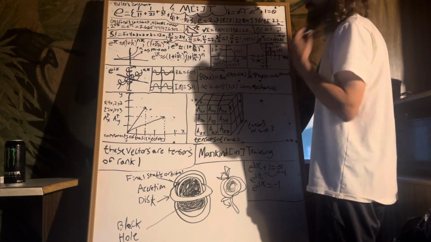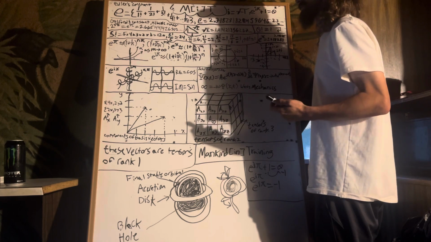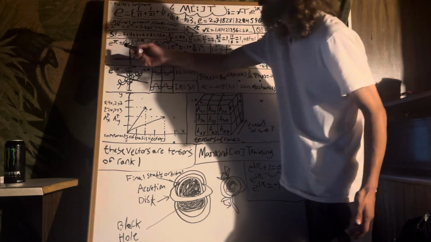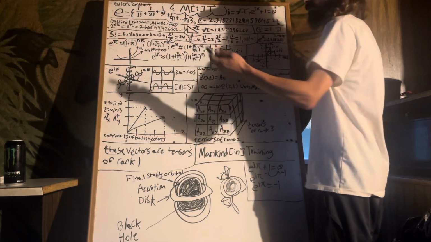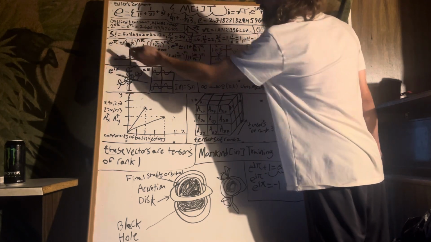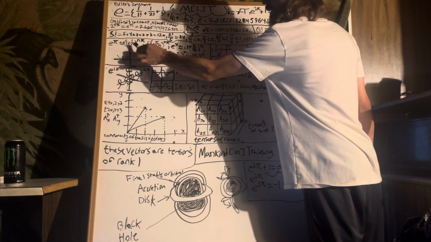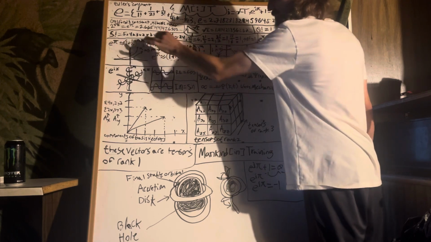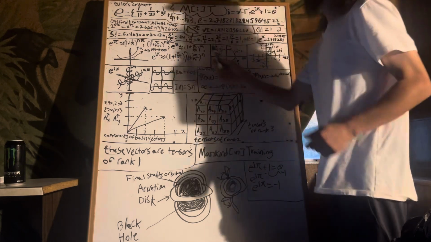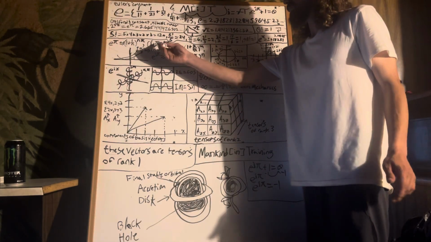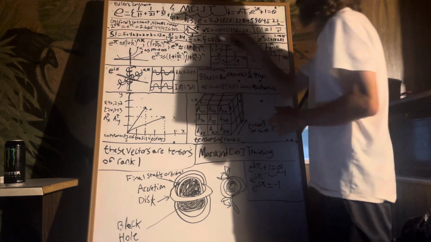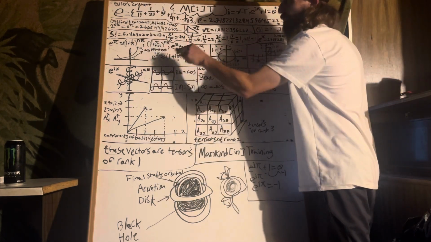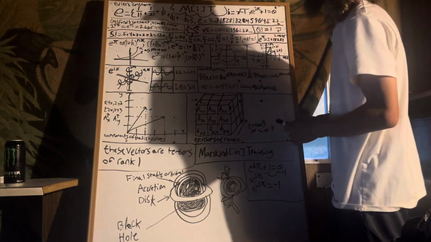E is just such a beautiful number, and it's used constantly, and so is pi. So e to the pi is approximately 1 plus 1 over n to the power of n times pi. And then 1 plus pi over n times pi to the power of n times pi.